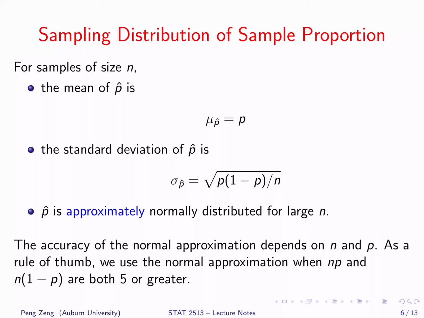Additionally, we know that the sample proportion approximately follows a normal distribution. The accuracy of the normal approximation depends on n and p. As a rule of thumb, we use the normal approximation when n times p and n times 1 minus p are both 5 or larger.